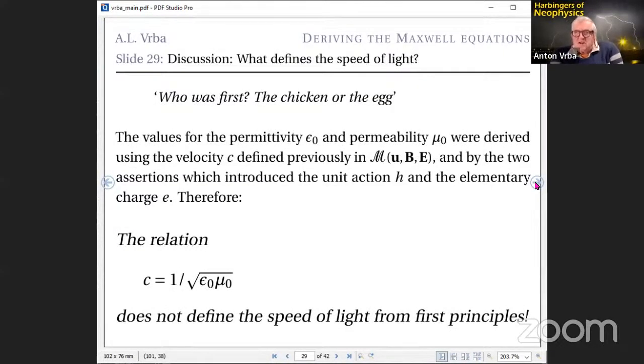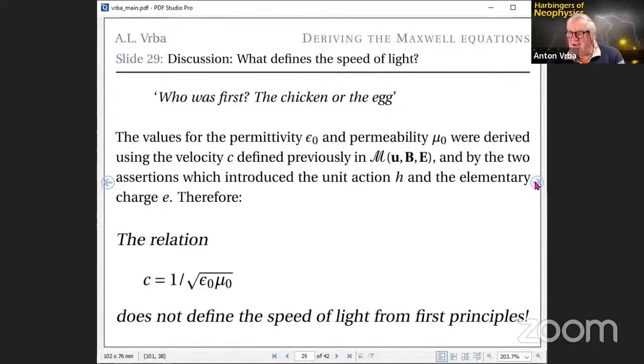One of the questions that comes out of this is, what is the meaning of epsilon zero, mu zero? For me, up till I did this work, it always defined the velocity c of the vacuum.